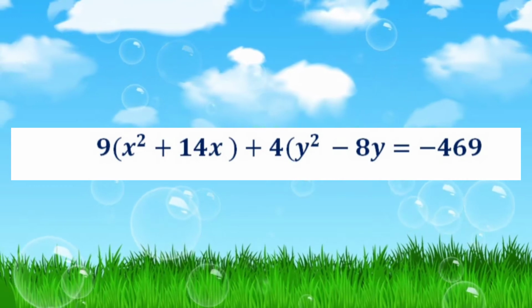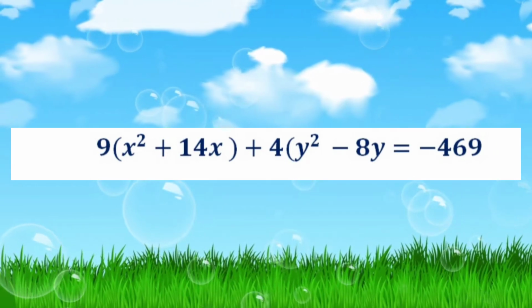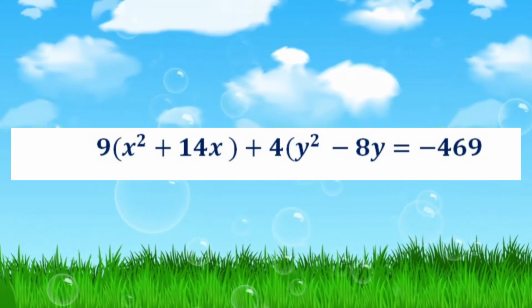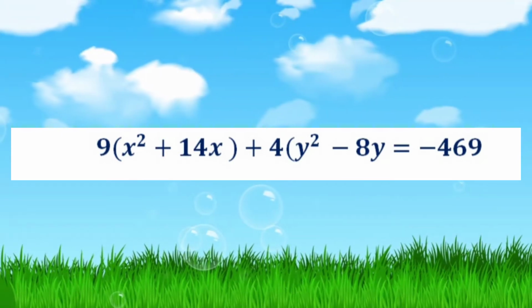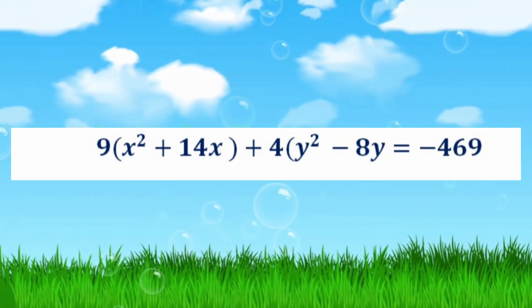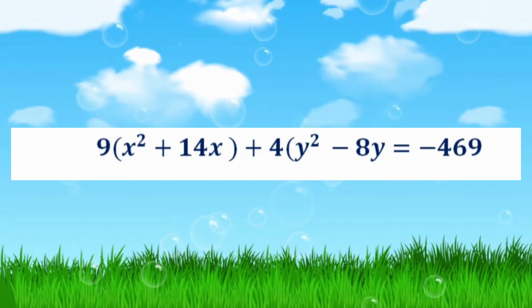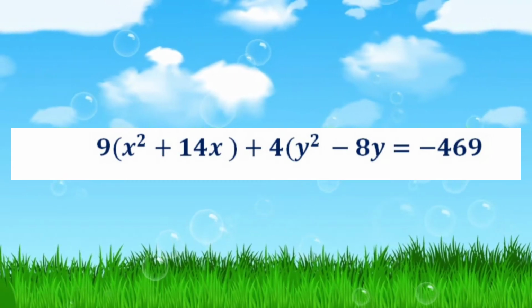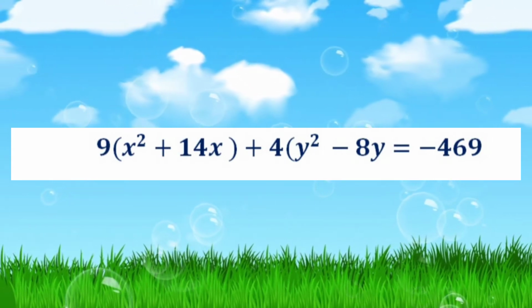Plus, we take the 4 out, then the remaining in the parentheses will be y squared minus 8y, because 4 multiplied by 8y equals 32y, and then equals negative 469.